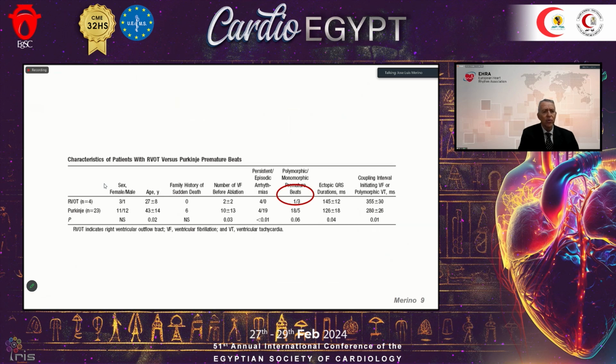Those without Purkinje potentials mostly have monomorphic PVCs, whereas those with Purkinje PVCs still had polymorphic PVCs, although one morphology was the most prevalent. The coupling interval was slightly different as well.